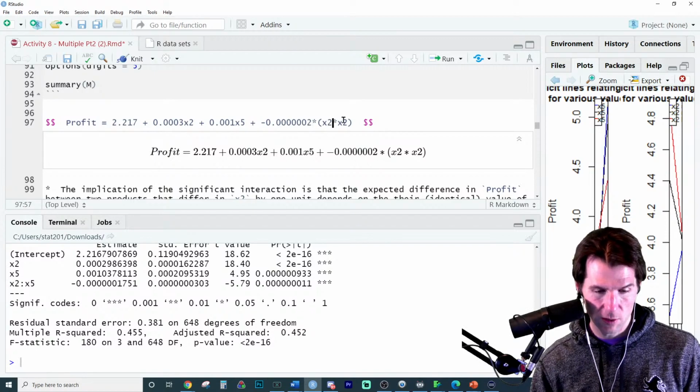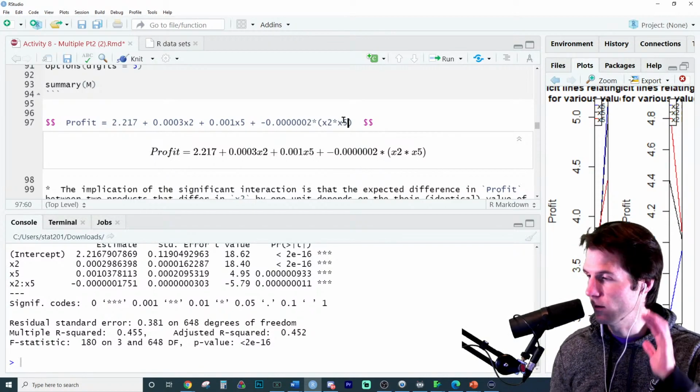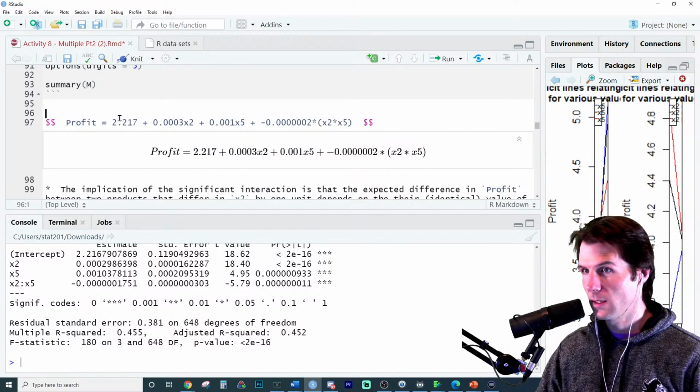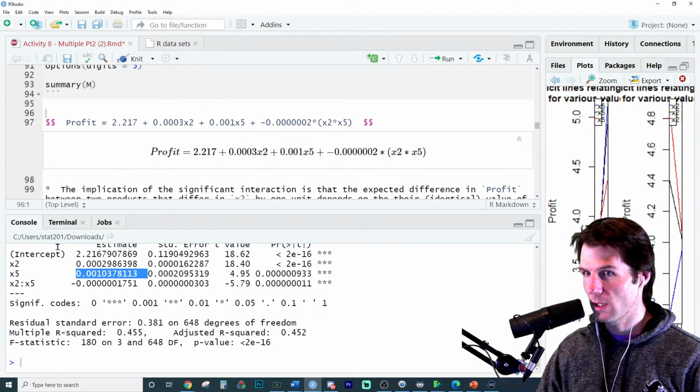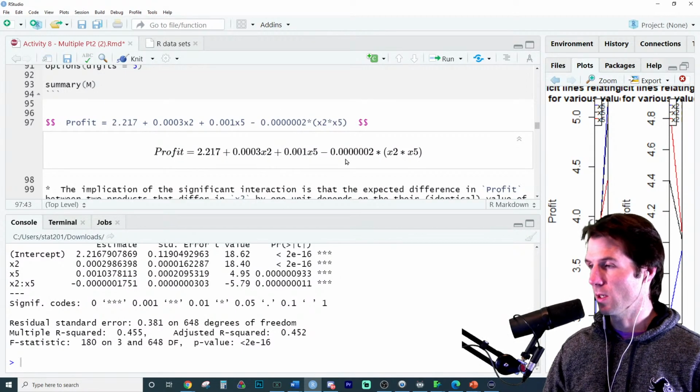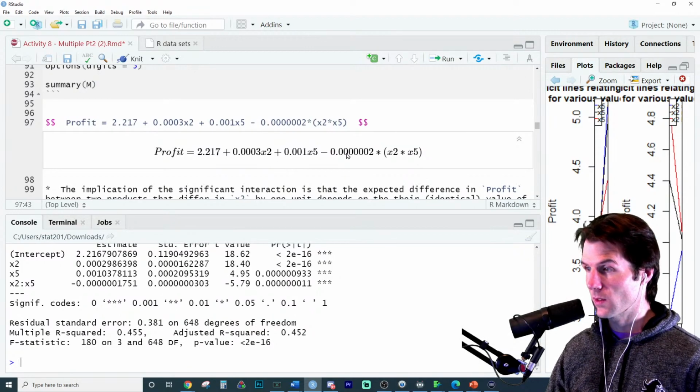And then it's x2, x5. Does this make sense what I've done right here? This is the intercept. And then we have the first coefficient times the first x, the second coefficient times the second x, the third coefficient, and you could change this to a minus because it is minus. And there's the equation. It's good practice, especially if you have to write it out.